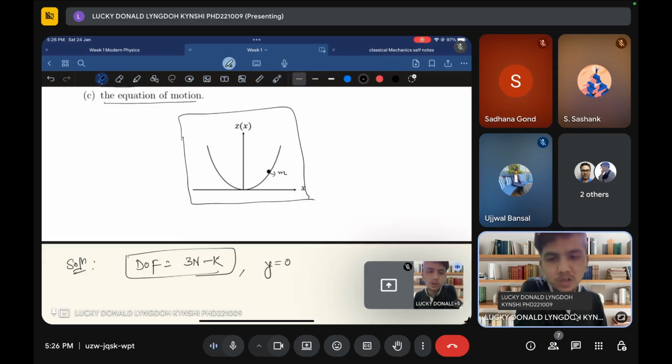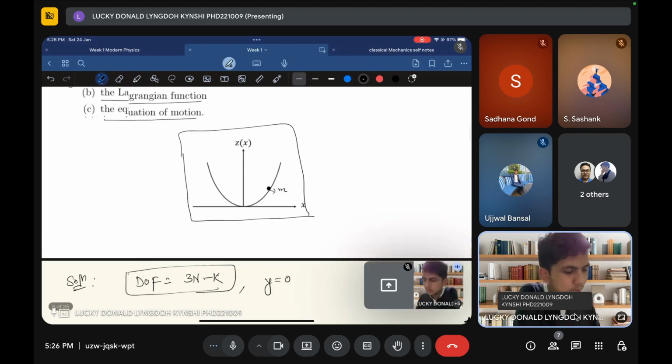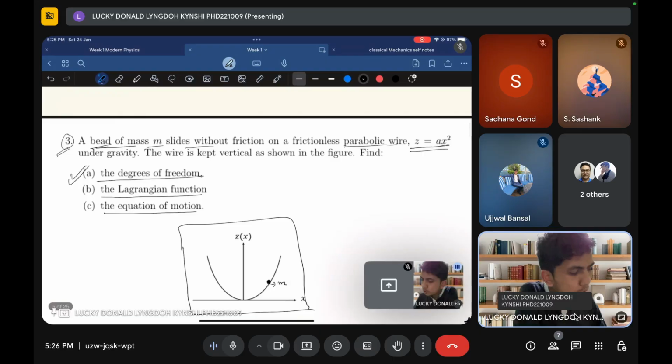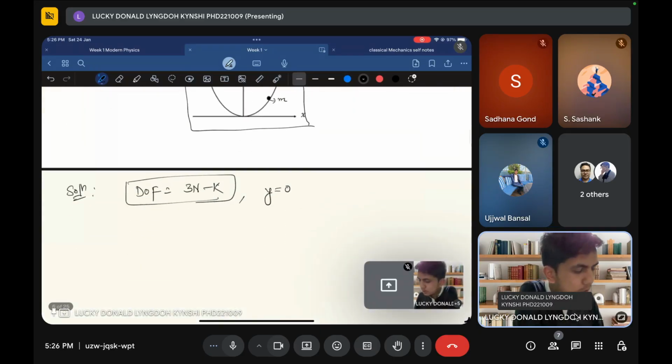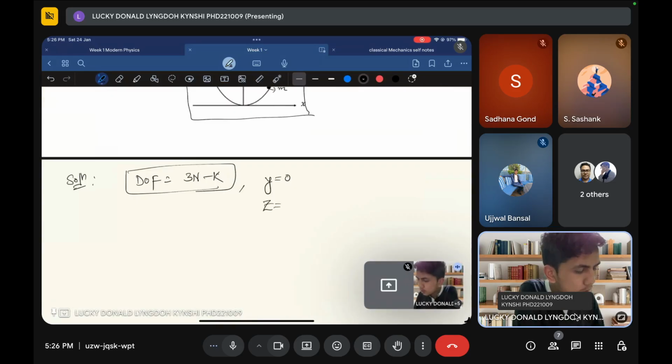This is one constraint equation because there is nothing in the y direction. And the second is the equation already given, z is equal to ax square. So this is also another constraint equation. That means this is equation 1 and this is equation 2. Looking at this, you have two constraint equations.